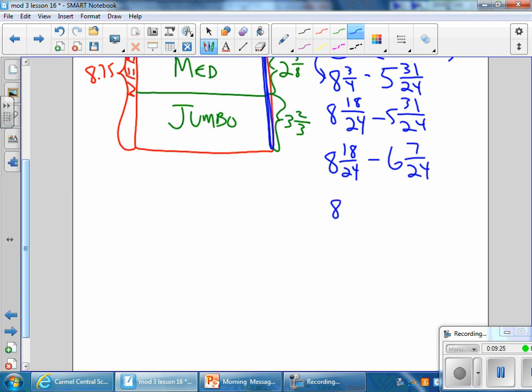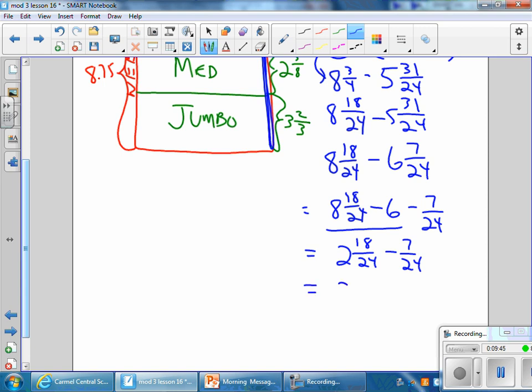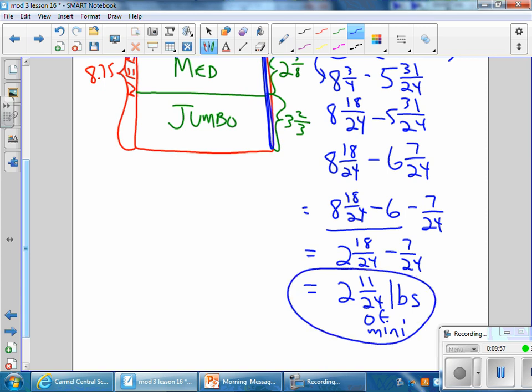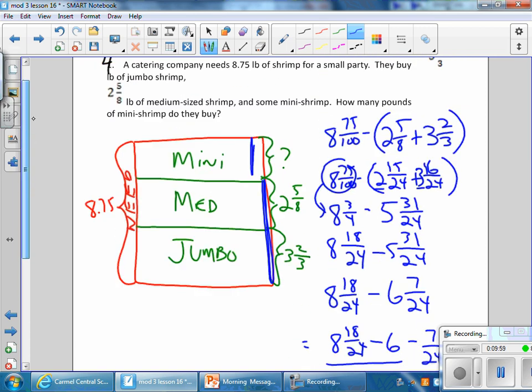I can take 8 18/24 minus 6 7/24. This would give me 2 18/24 minus 7/24 equals 2 11/24 pounds of mini shrimp. 2 and 11/24.